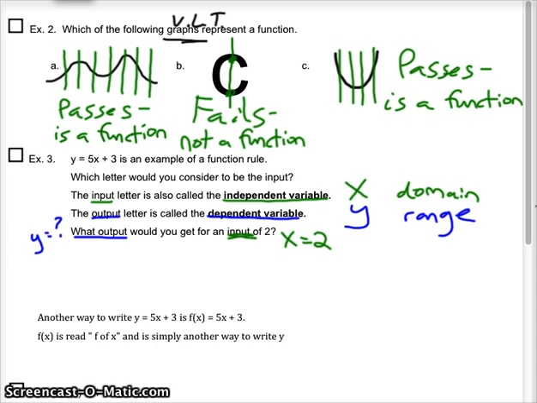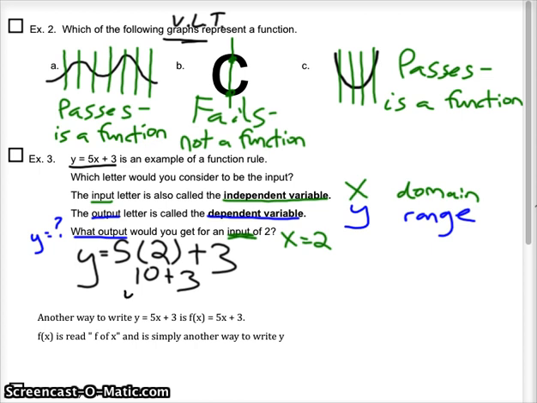Well, let's use that equation. So y equals 5, where I'm letting x equal 2, plus 3. So 5 times 2 is 10. 10 plus 3, we're getting y equals 13 when x is 2.